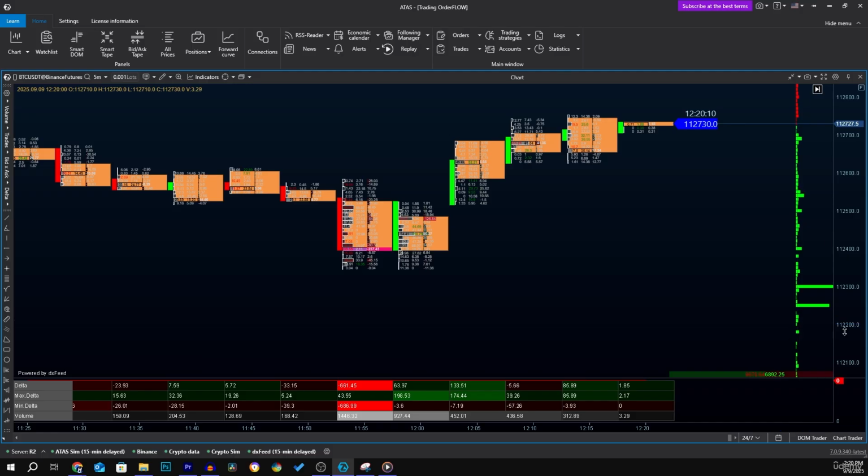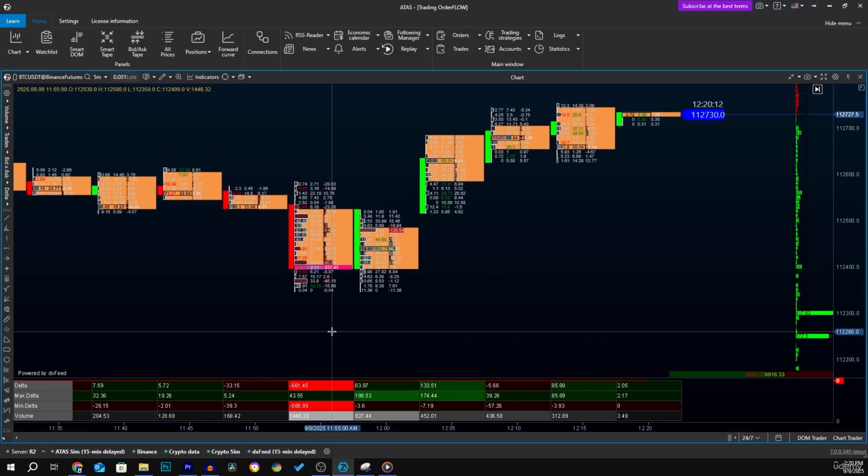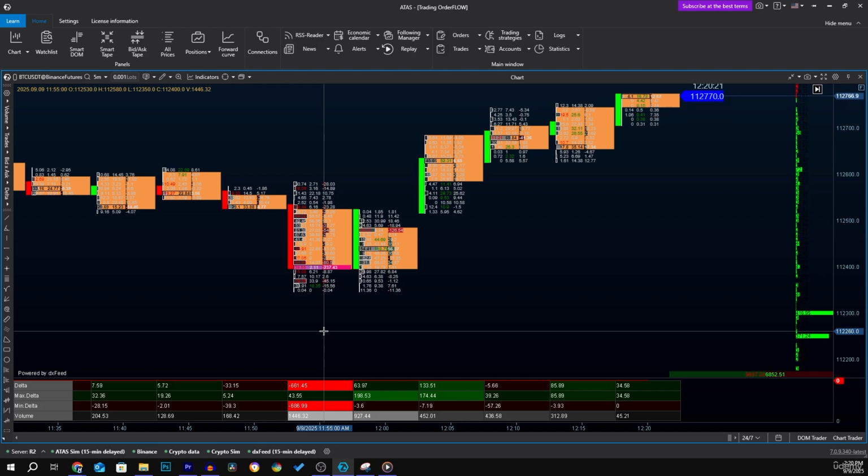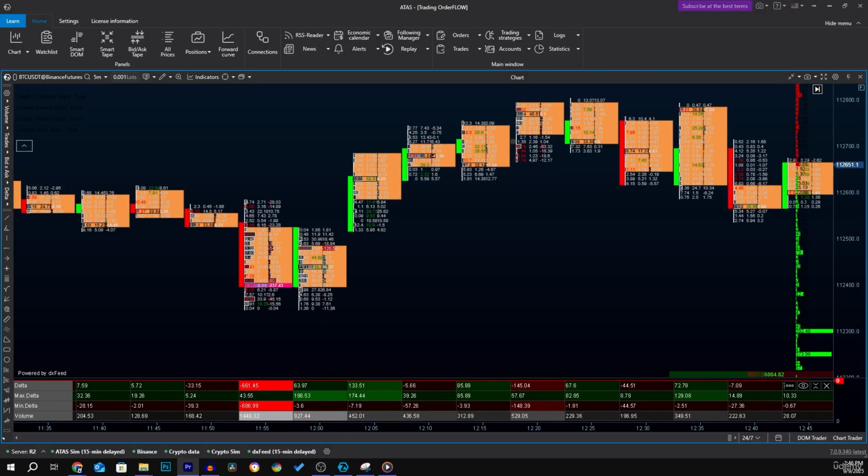This means that if we have a candle where delta min is 686, it indicates that during these 5 minutes, at some point, the sellers were dominant by 686 contracts, while the aggressive buyers were at one point during these 5 minutes dominant only by 43 contracts. So this represents the maximum dominance of each side reached during the given time period. Max delta will always be positive and min delta will always be negative.